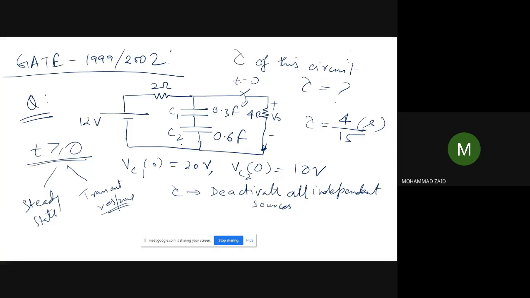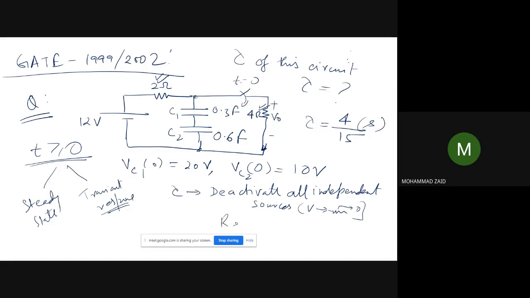That means the 12 volt source will be replaced by its internal resistance, which is practically zero, so it will be shorted. If you see from the capacitor side, the 2 ohm and 4 ohm resistances are in parallel.